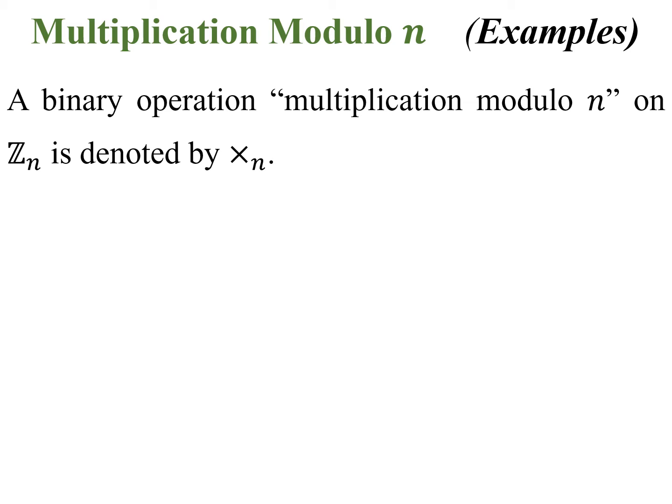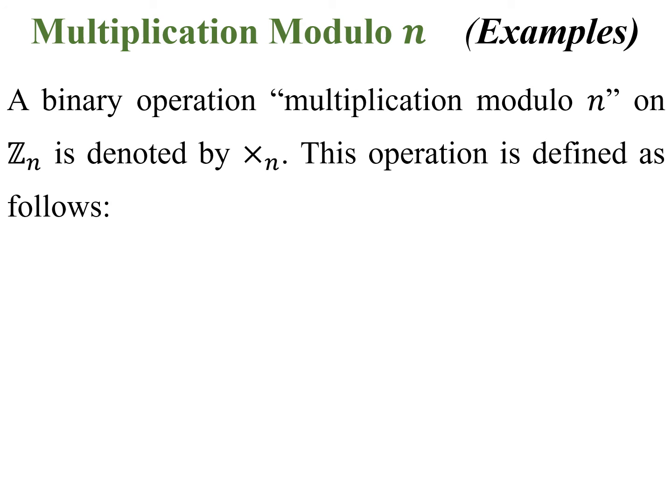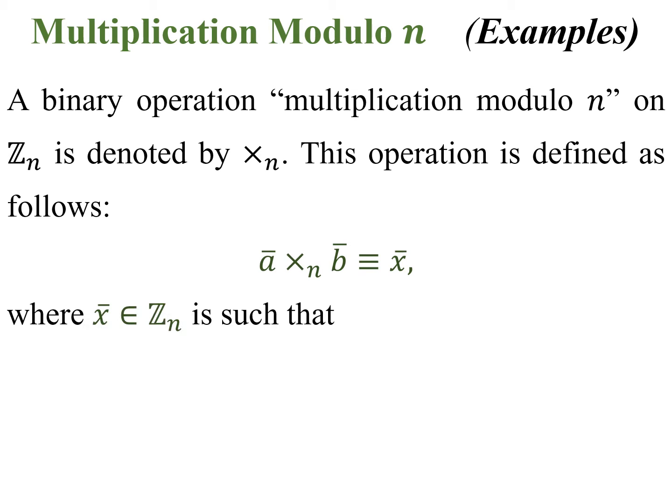It is only for the set Z5. Cross 6 is only for Z6 and so on. And this operation is defined as follows. If class of a and class of b are any two classes in Zn, you can multiply them with respect to this cross n. And the multiplication will be the class of x, which also is present in Zn.